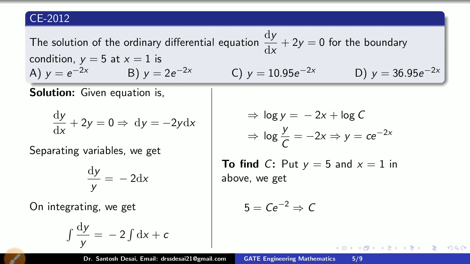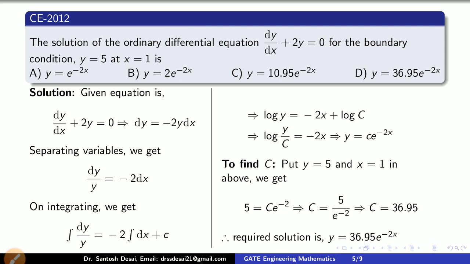And simplifying this, we get c is equal to 5 divided by e raised to minus 2, and this is equal to 36.95. And now if you substitute the value of c in the above solution, we get the required solution as y is equal to 36.95 into e raised to minus 2x. Now from this one can see that the correct option is option D.